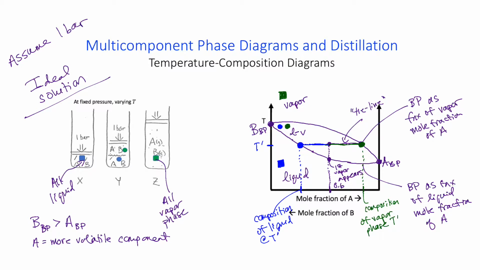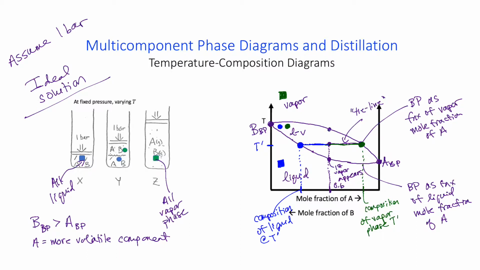All right, now let's keep going. As we increase our temperature further, you can predict your compositions as you go up, right? Just draw your tie line in there. And then at a certain point, we'll hit a temperature where we will essentially evaporate our last liquid.